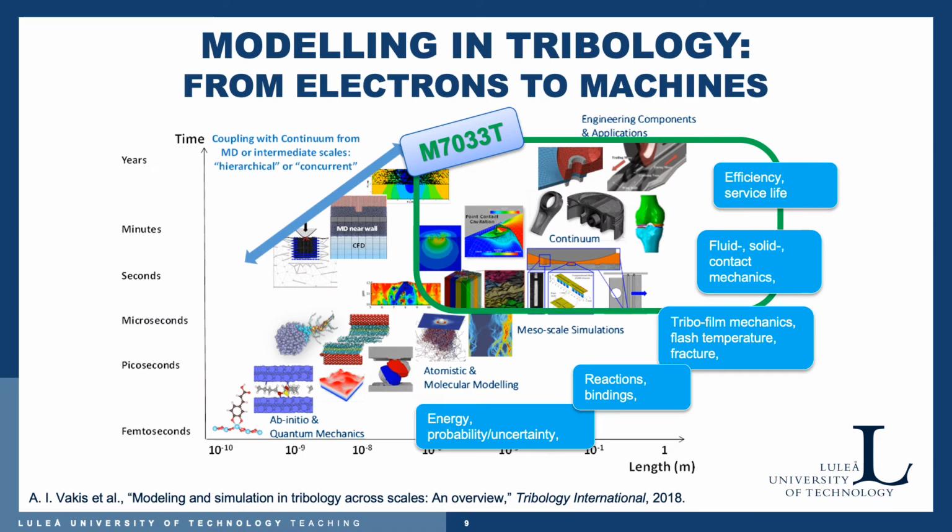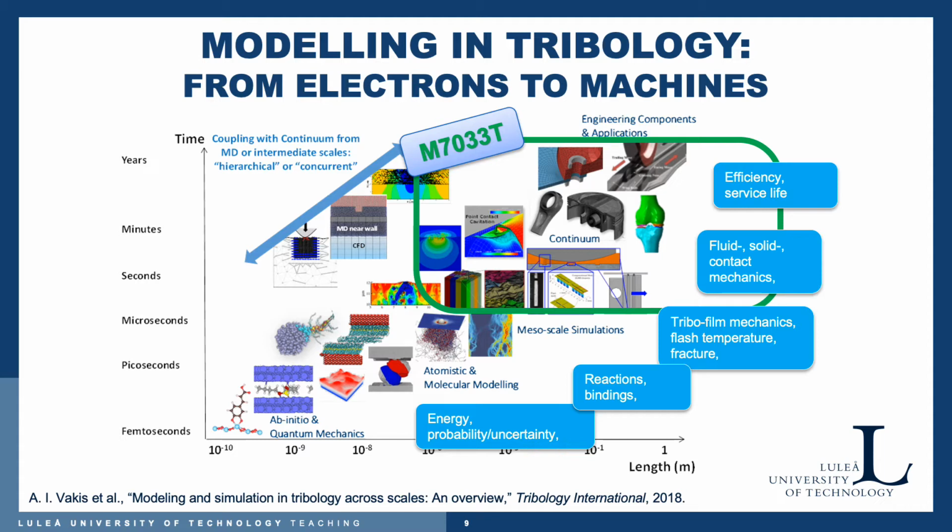The physics going on in a tribological interface spans over decades and decades of length and time scales, and it spans all the way from the atomic level, quantum mechanics, where you simulate or predict energy and probabilities, uncertainties that the atoms are at a certain place in a certain time. It works its way up via atomistic and molecular modeling.